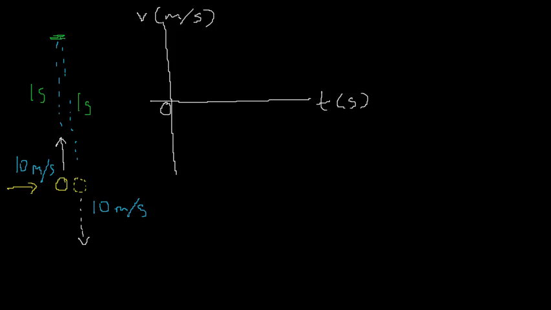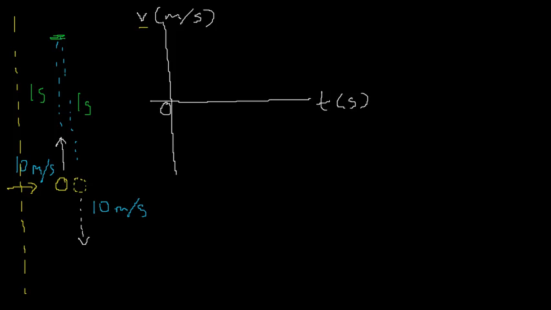Now, because we are going to talk about velocity, we need to think about direction. In this case, since it's a vertical motion along a vertical line, I can represent the direction using positive and negative values of displacements and velocities.